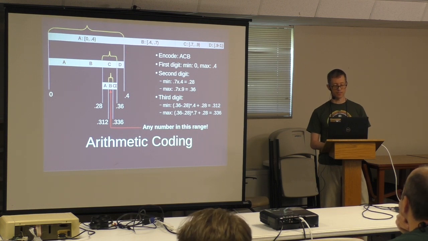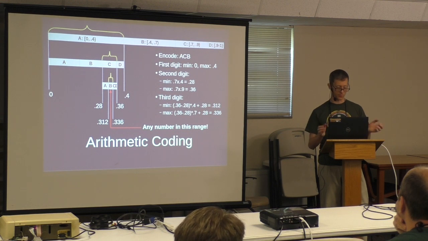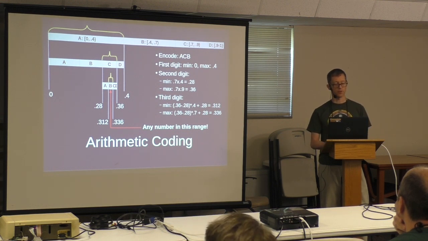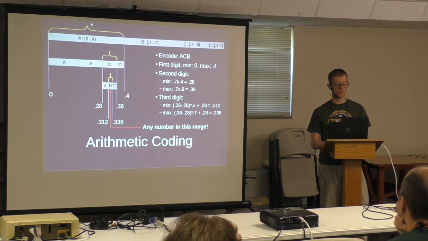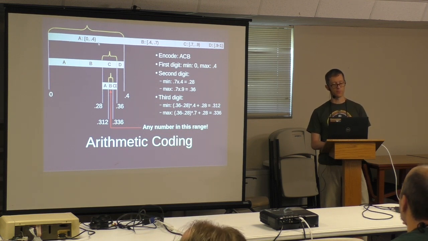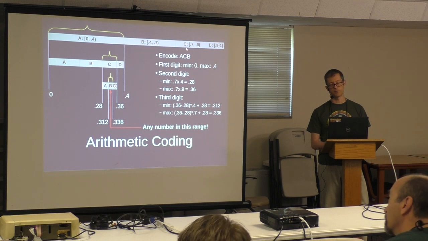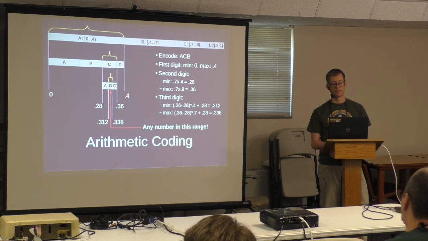So you can actually get a coding out of a single floating point number by, again, grouping things by order of probability, and you encode it letter by letter, or token by token. If you have this probability where you have 40% A's, 30% B's, 20% C's, and 10% D's, you look at the first token, which is an A. So you say, okay, that's the first 40%.